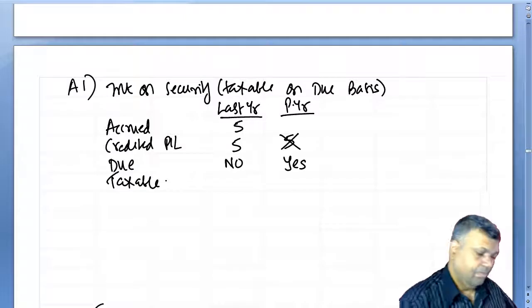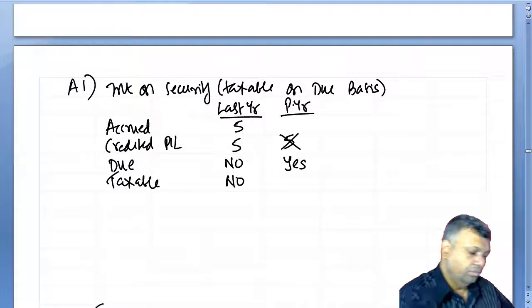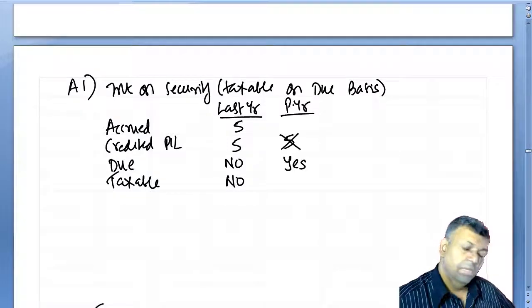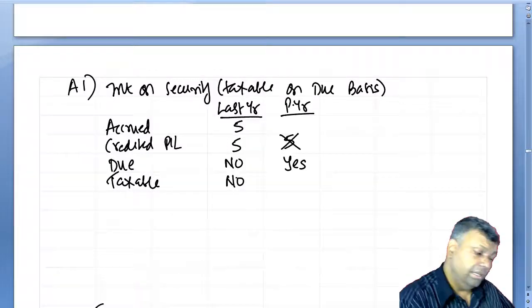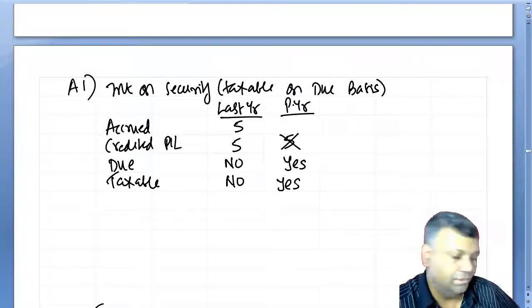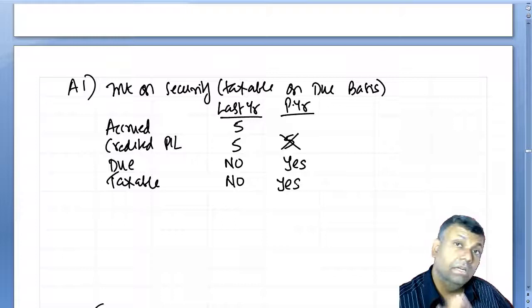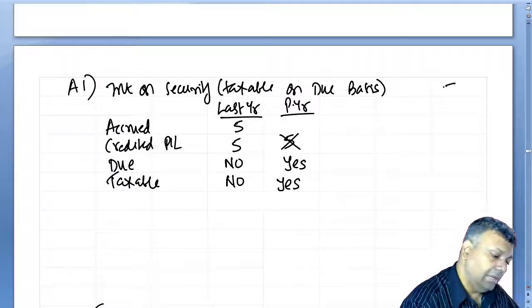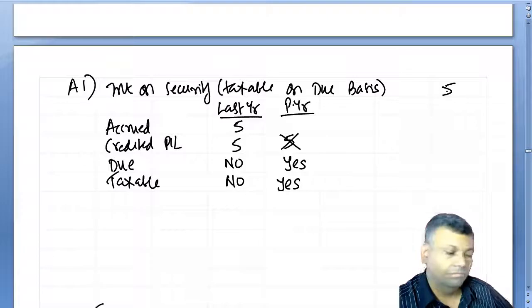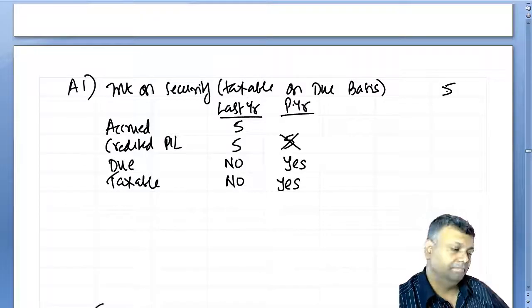Is it taxable in the last year? No. Why? Because last year it was not due. But is it falling due in the current year? Yes. So is it taxable in the current year? Answer is yes. But it is not credited to P&L. So I have to straight away add it to my income. 5 crores. The interest portion.